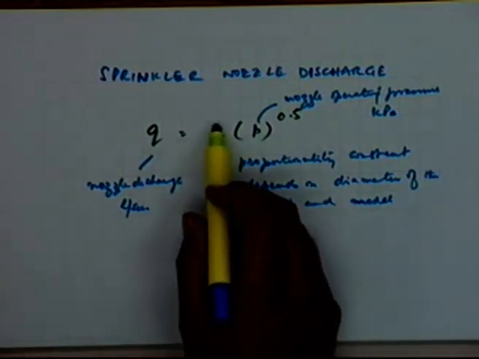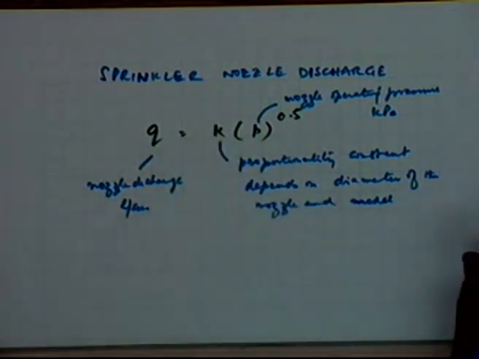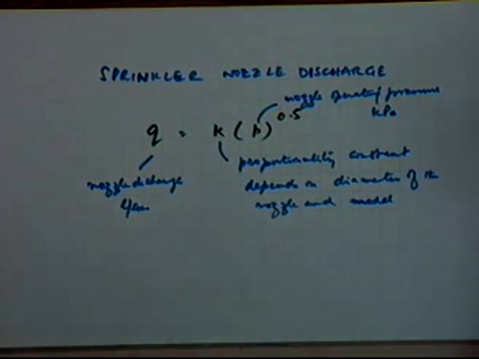So the K values are normally not given directly. They are invariably available in terms of tables, which are rating tables given by the manufacturers.